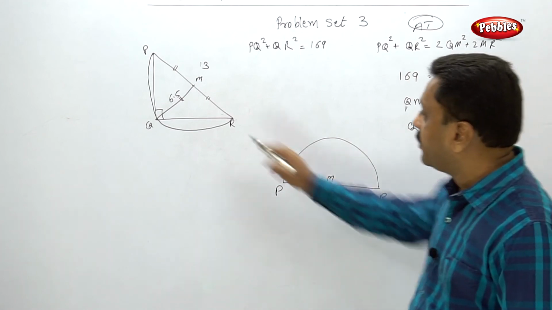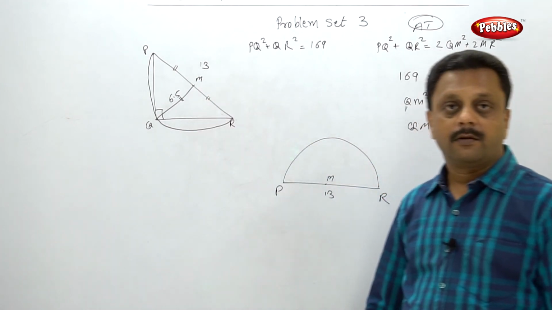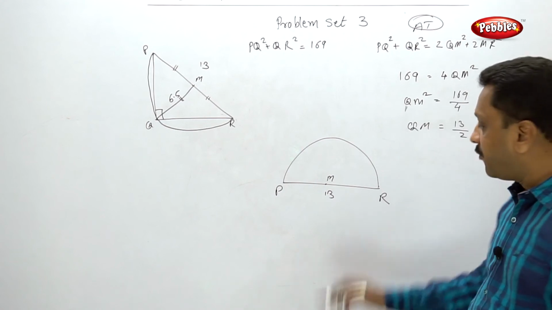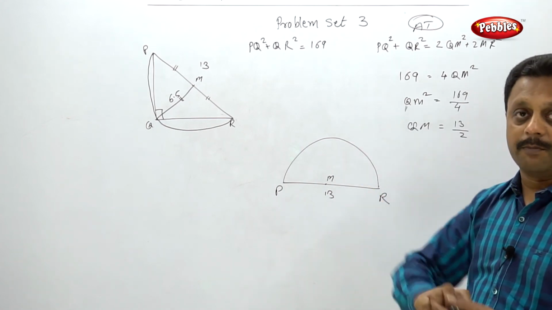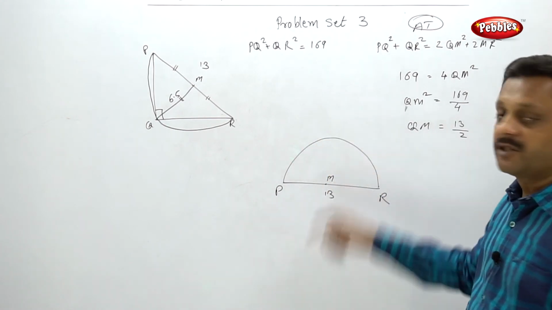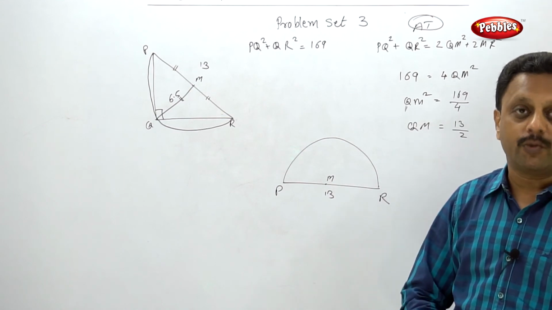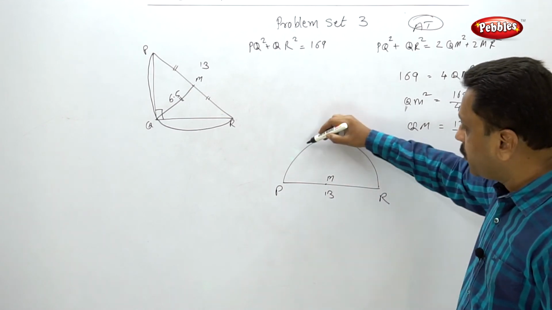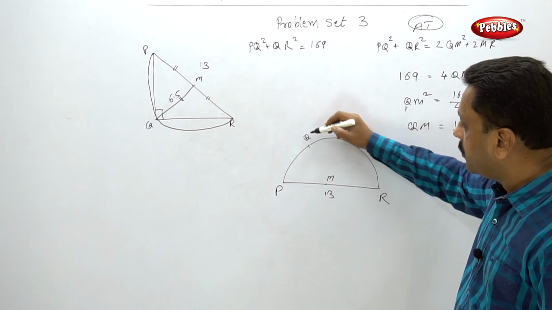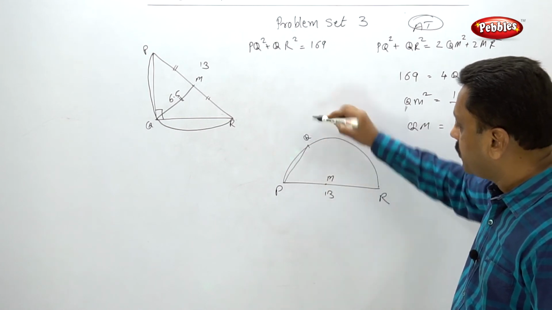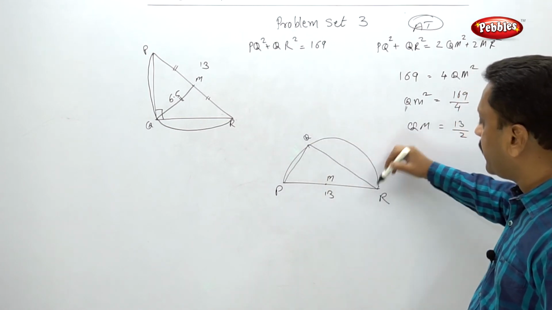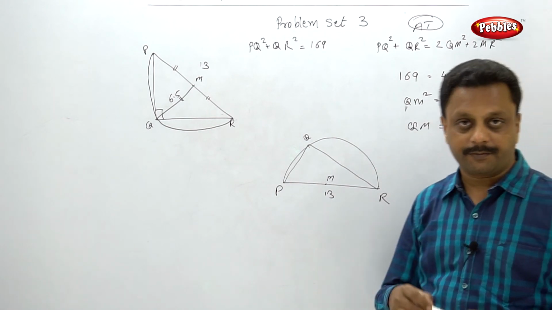Now I know MQ is 6.5 away from M. So in the compass take 6.5, cut this semicircle, and that will be your point Q. So suppose the point Q you got here, join this and you will get the triangle PQR.